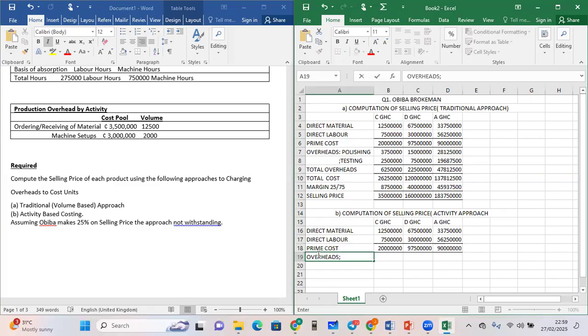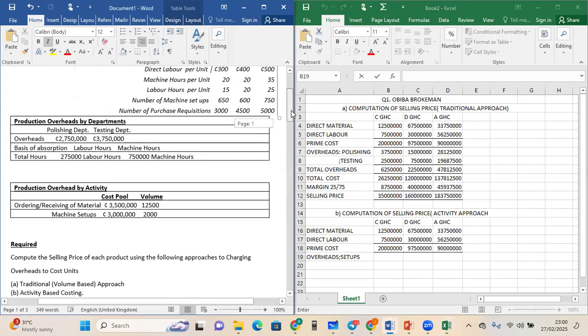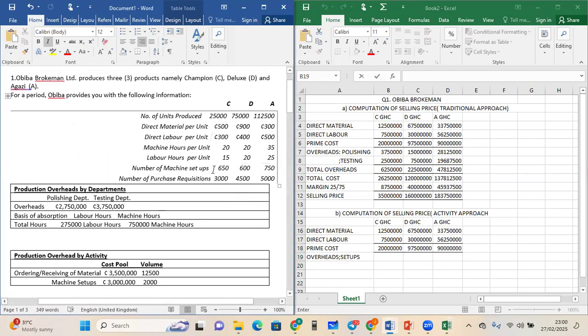Overheads, we have ordering, or let me start with machine setup. Now, what we are going to do for machine setup is multiply its CDR rate, the cost driver rate, by the number of machine setups here.